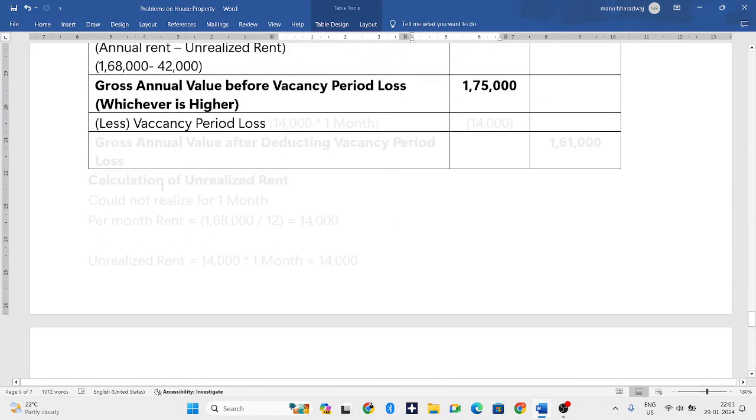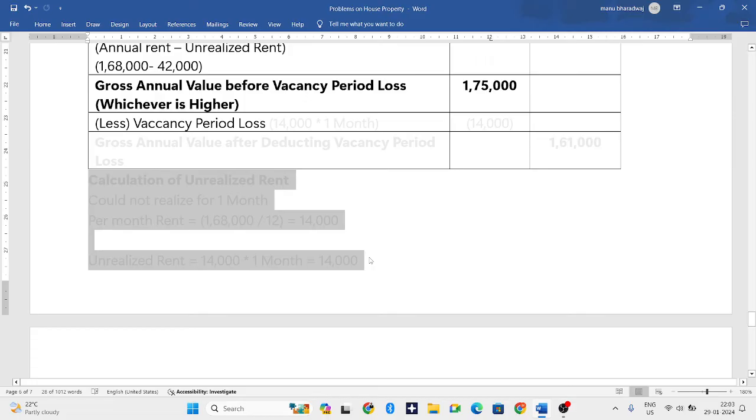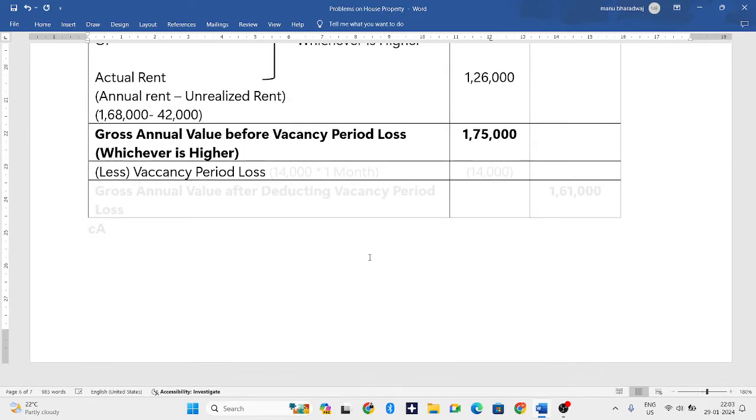So now we have to calculate the rent per month.